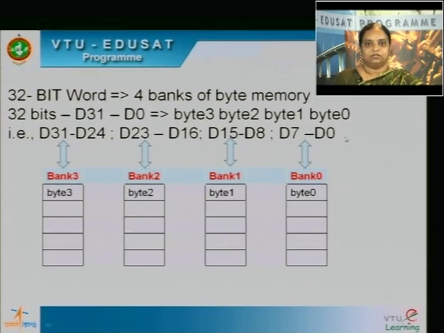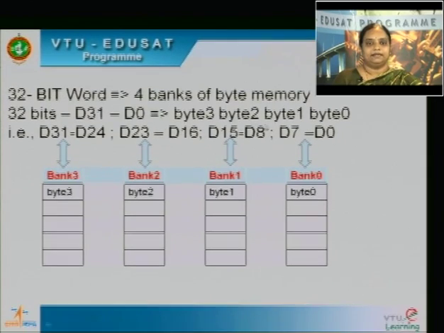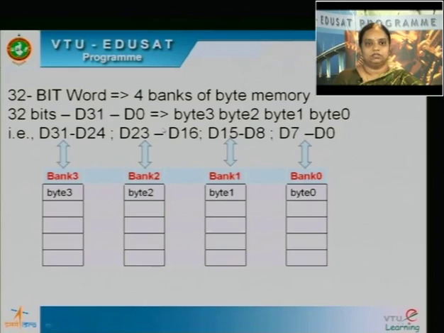All these 4 bytes together form a 32-bit word. So if the processor's data bus is 32-bit, I can access from 4 memory chips. Each memory chip holds 1 byte of data, and if the 4 of them give me parallel 8-bit data, we get the 32-bit data.